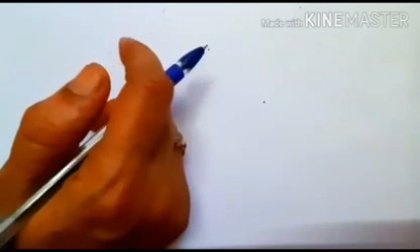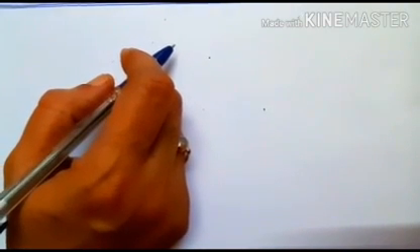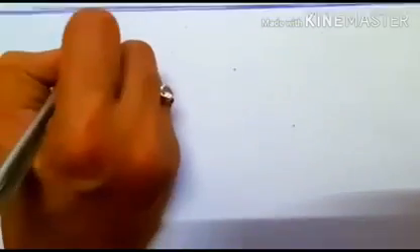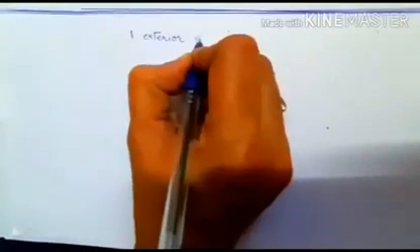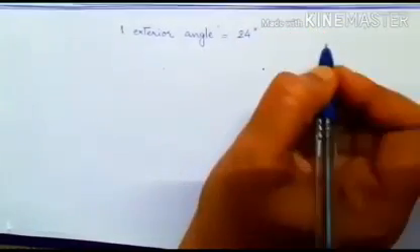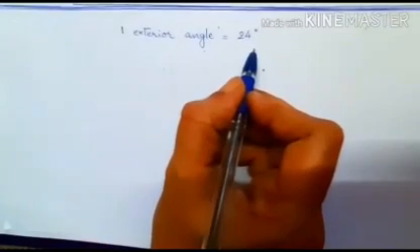Now suppose we know the measure of an exterior angle of a regular polygon. Can we find out which type of polygon it is? Let's take an example. Suppose the measure of one exterior angle is 24 degrees. Now we don't know how many exterior angles there are, or which polygon it is.